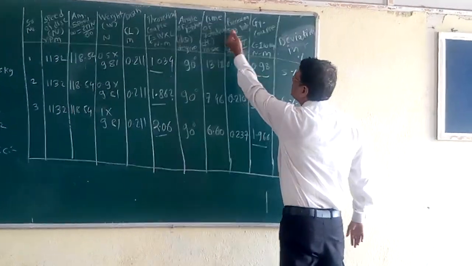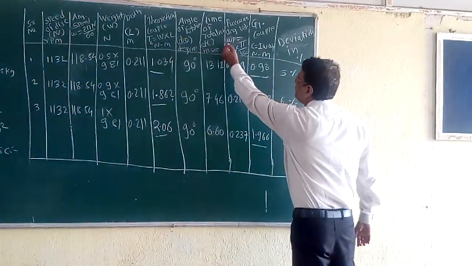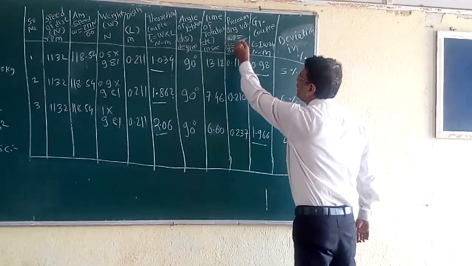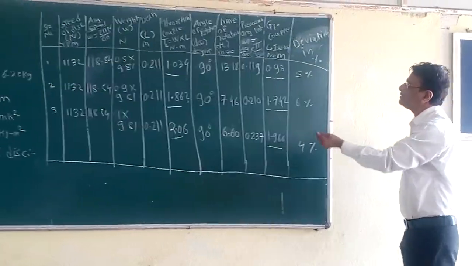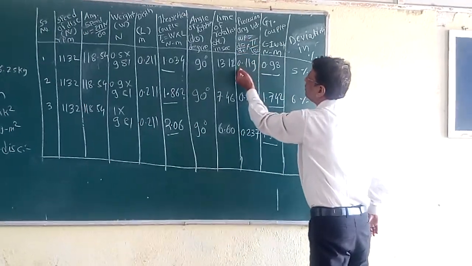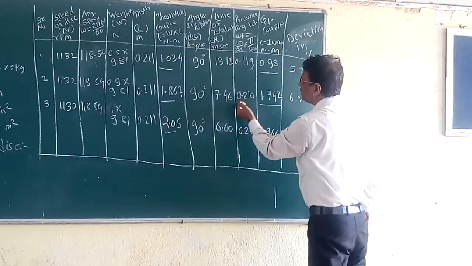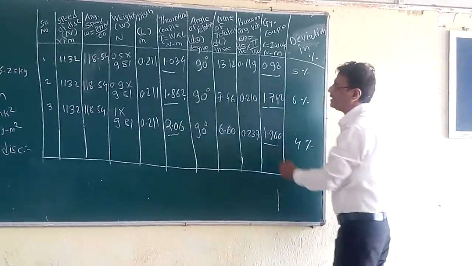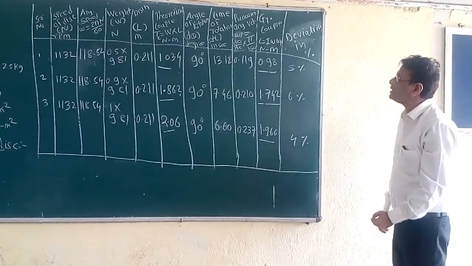This is the precessional angular velocity, omega p. It is nothing but d theta by dt into pi by 180. So it is multiplied by pi by 180 in order that this degree is converted into radian. So its value is 0.119 radian per second. This is 0.210 radian per second, and this is 0.237 radian per second.